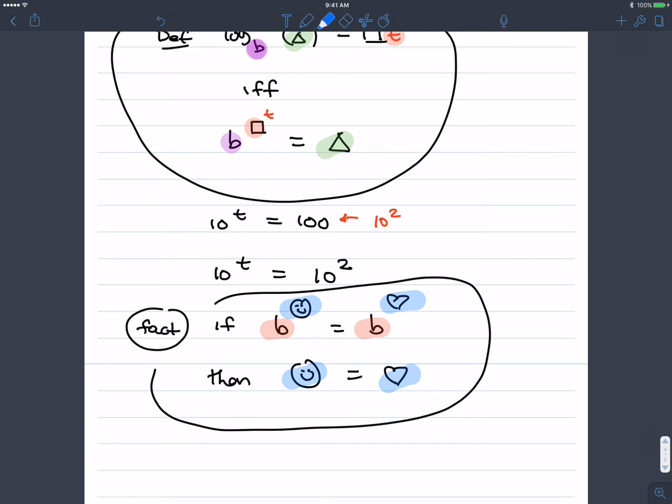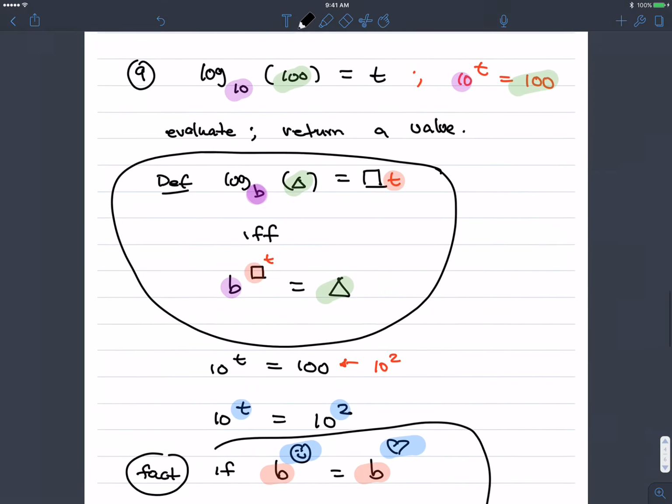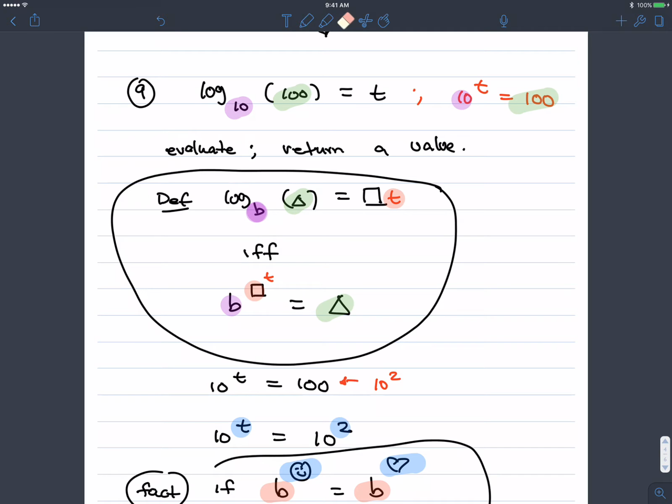And that's what we're using here to justify the fact that my power here of t and 2 means that t has to have the value of 2. And this is our answer. If I go back up here, I can now say that log base 10 of 100 is the value 2.